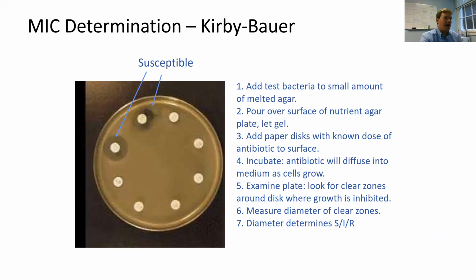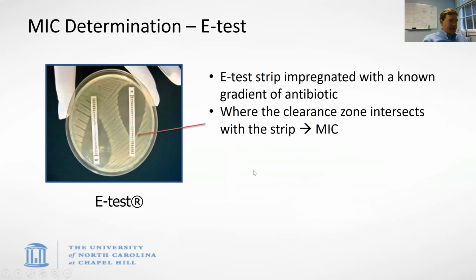Another way to do this is, and I like this visual, although sorry, that picture is very grainy. Here this plate has a lawn of bacteria, and you see all these different discs with antibiotics. This antibiotic disc is killing the bacteria, and this one is killing the bacteria, but it's resistant to all of these antibiotics. It's just nice for conceptual purposes.